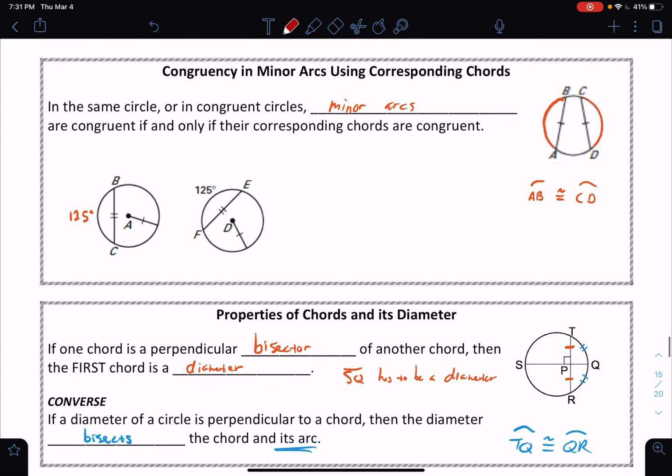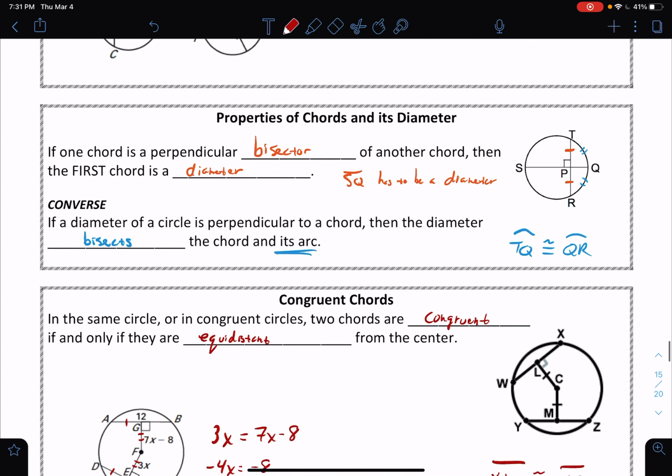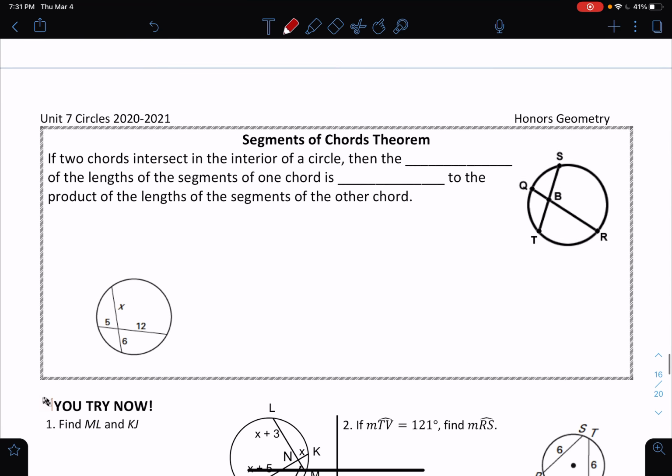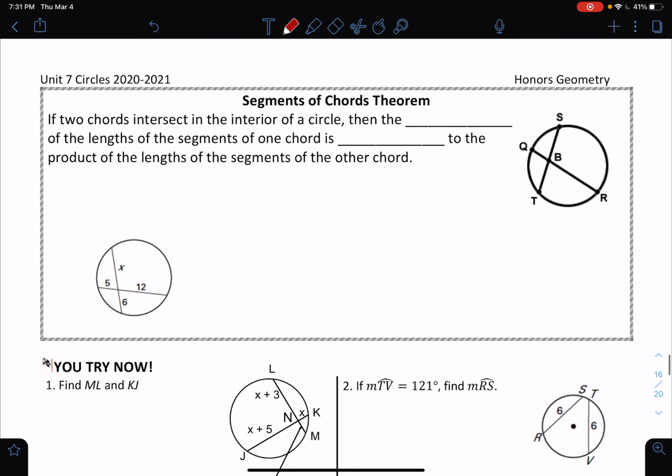All right, so those are some relationships with chords. The next one, though, is really what a lot of your problems on quizzes or tests are going to be. What's the relationship when we have two chords that intersect inside the circle?